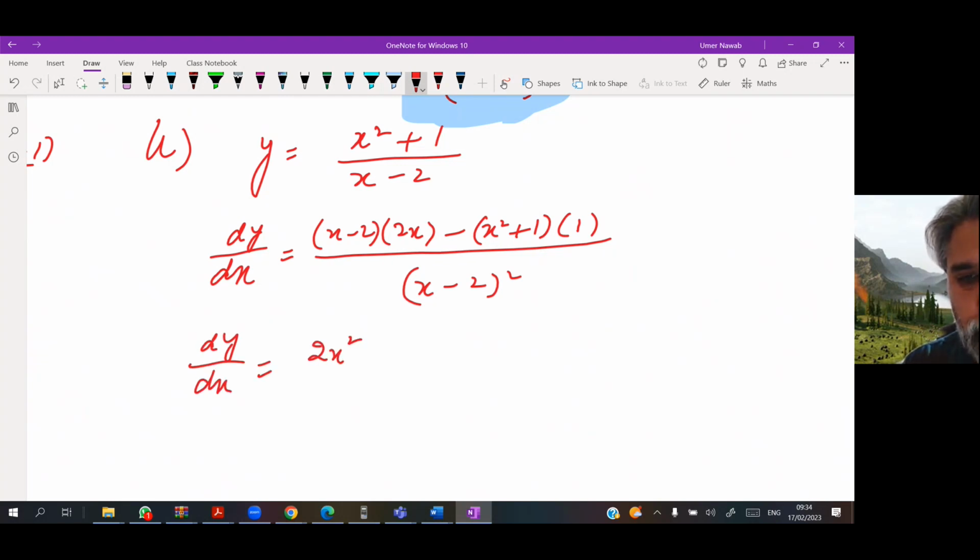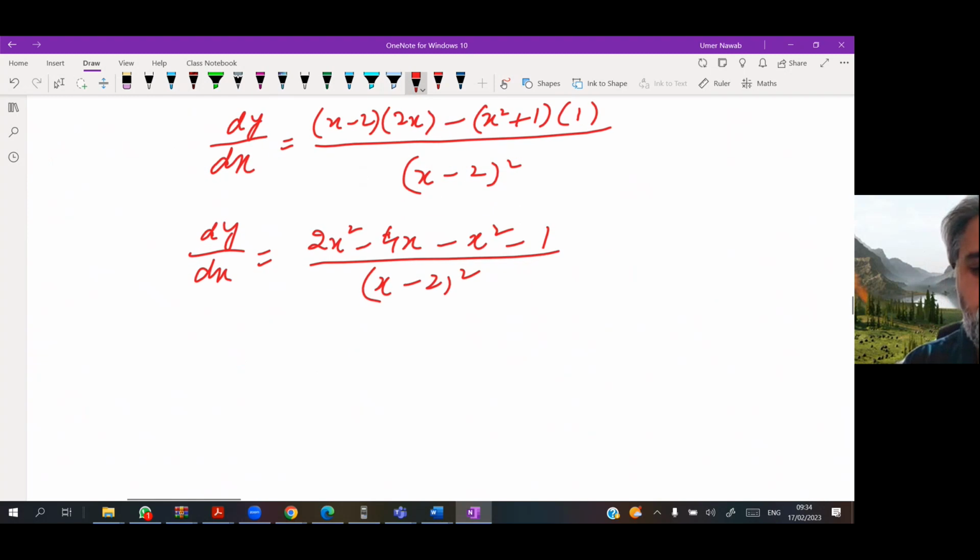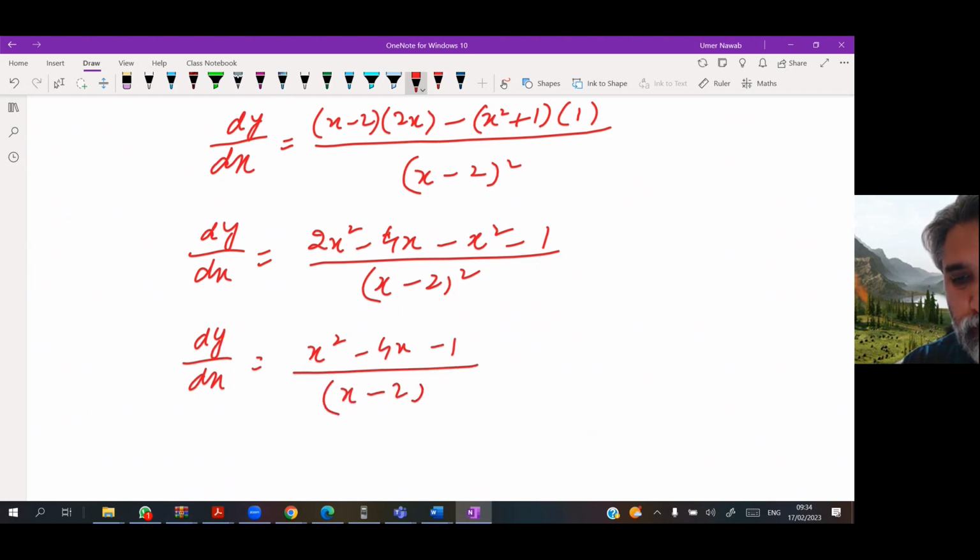Open the brackets. Make sure there is a minus sign. It changes all the signs. And that's the final answer.